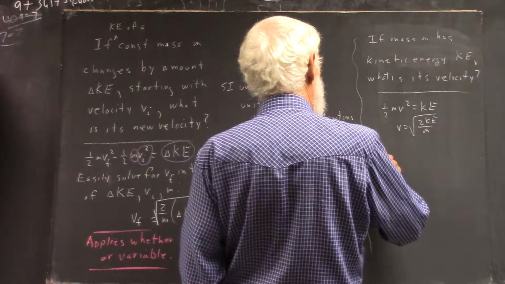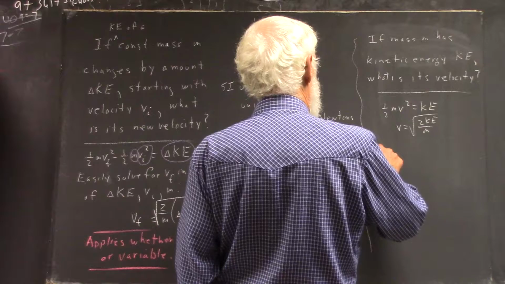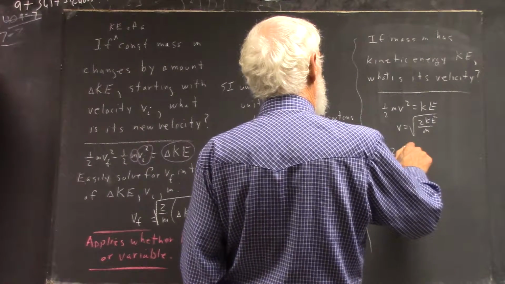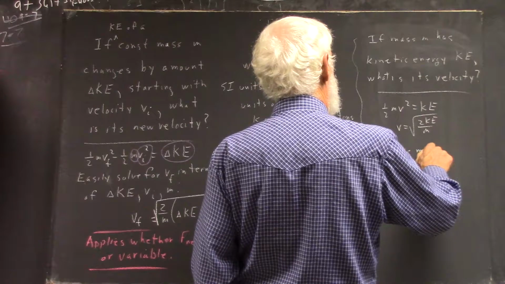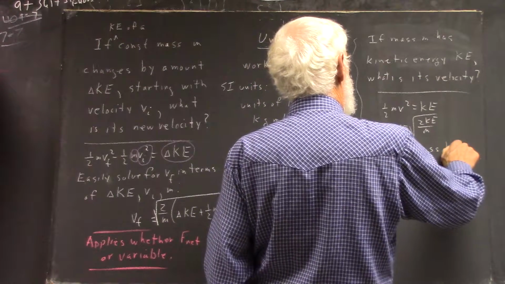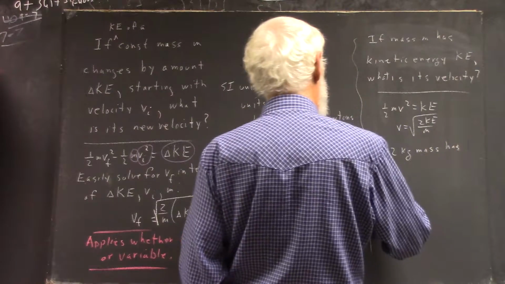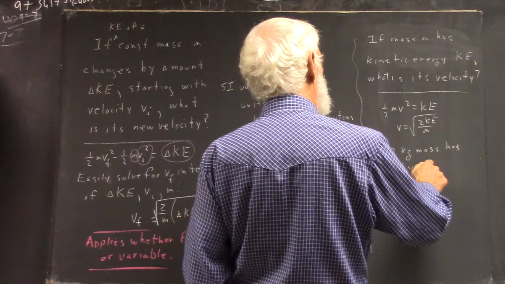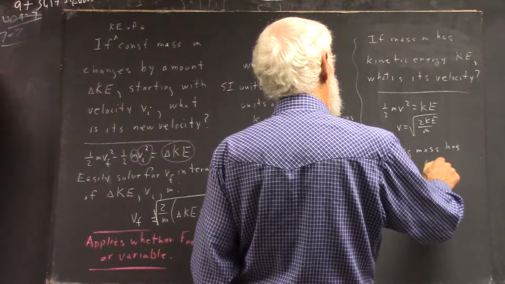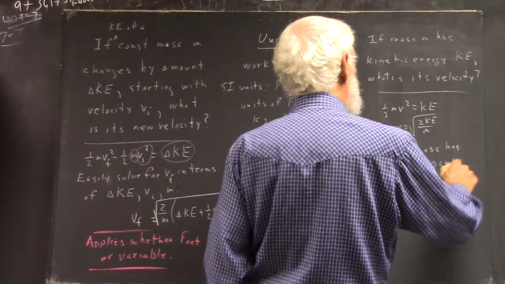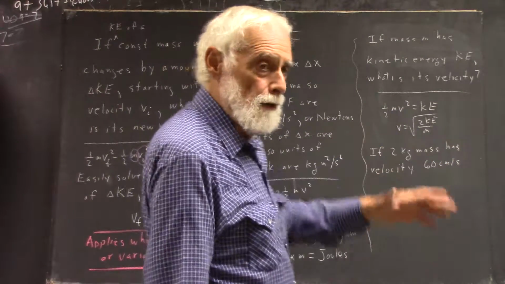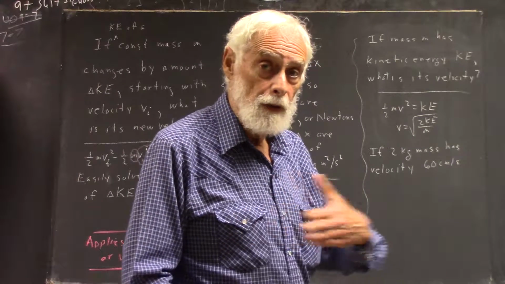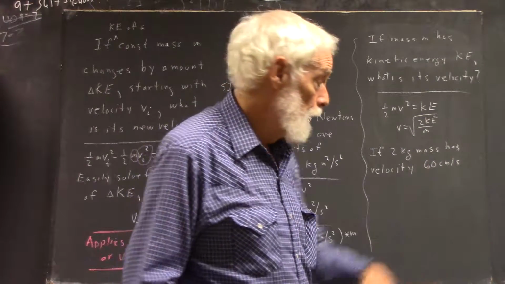Okay, so if a 2 kilogram mass has velocity 60 centimeters per second, and you can think back to the lab where we had a cart that might have been 2 kilograms, and you can think of that moving at 60 centimeters per second, not that fast.